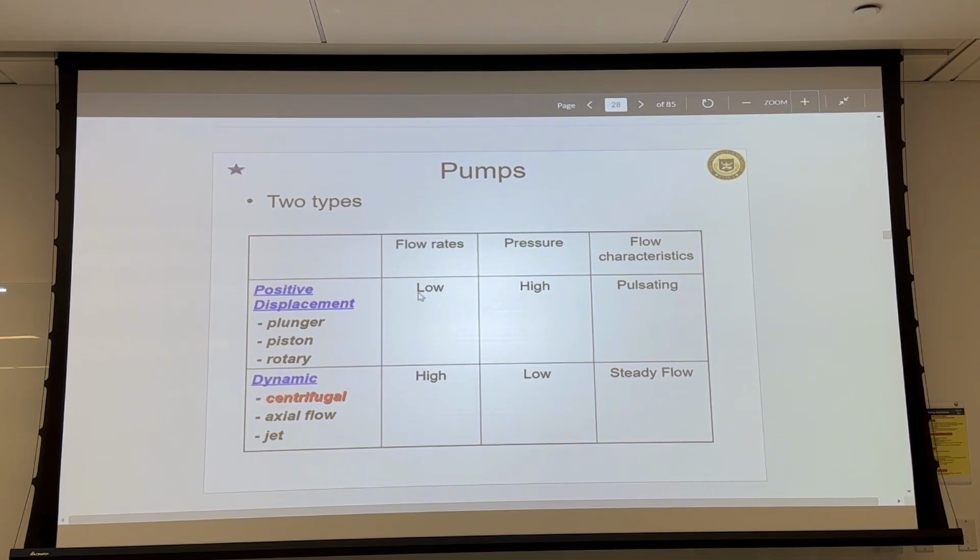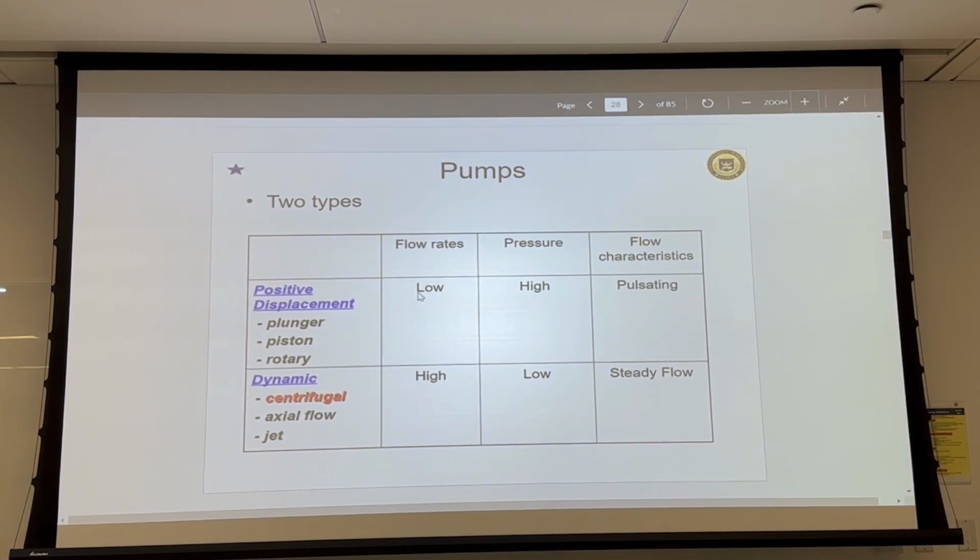To give an example, let's take automotives. If you have a fuel injector, for example, to create very fine atomized particles to create a spray inside the engine cylinder, you need a very high pressure.